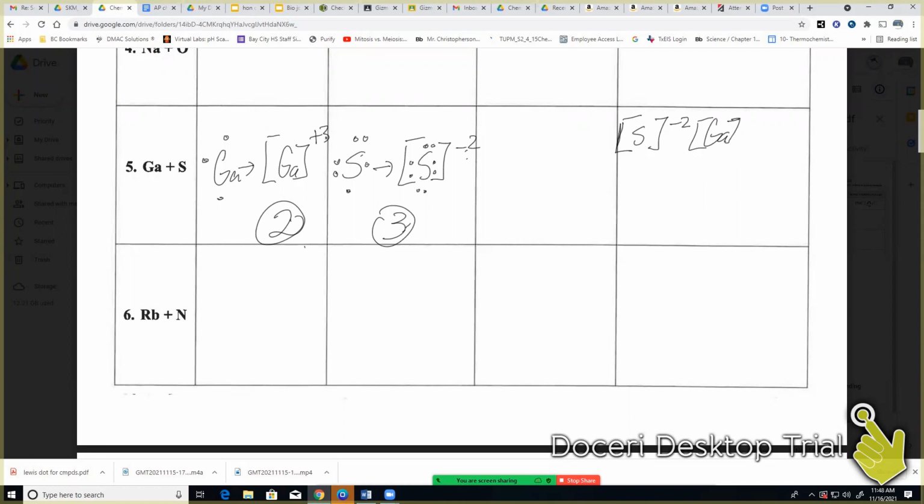Gotta alternate somehow. So that's a +3, and then I'm going to put a -2 on the other side. And then what else do I need? I need another gallium, and then I need one more sulfide. And then you would have to come back and put your dots around the non-metal.